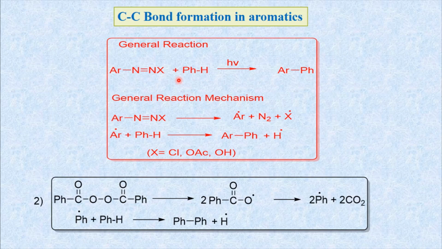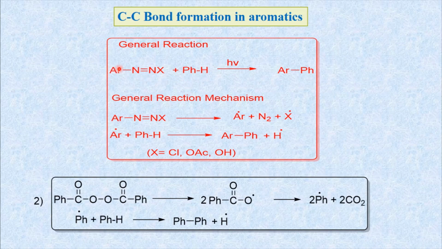He explained this result by the following mechanism involving the direct displacement of hydrogen atom in the aromatic solvent molecule by aryl group, the abstraction of entire aryl group of the solvent molecule by the aryl radical. So this is the general reaction.